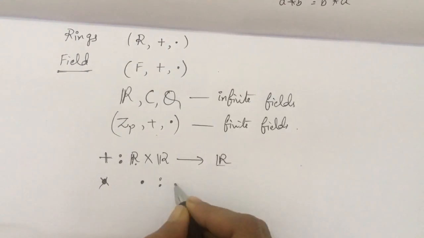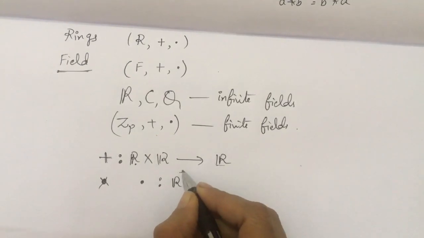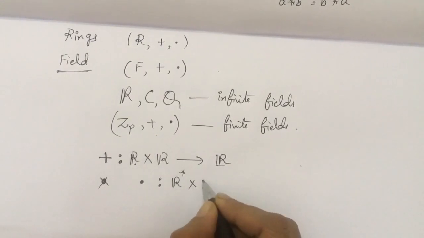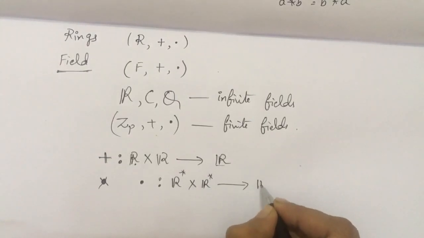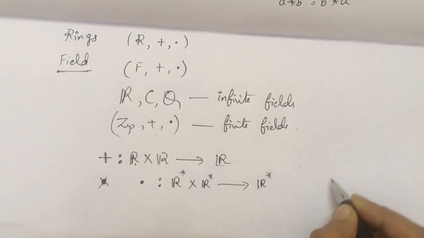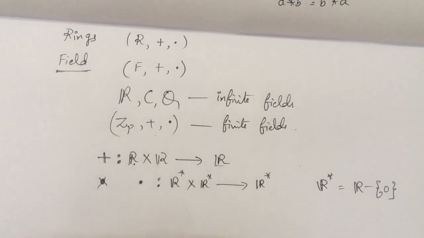If that is the binary operation over R, then I have to remove 0 from that. So I write it as R star, where R star is nothing but the set of real numbers minus 0 in the case of multiplication.